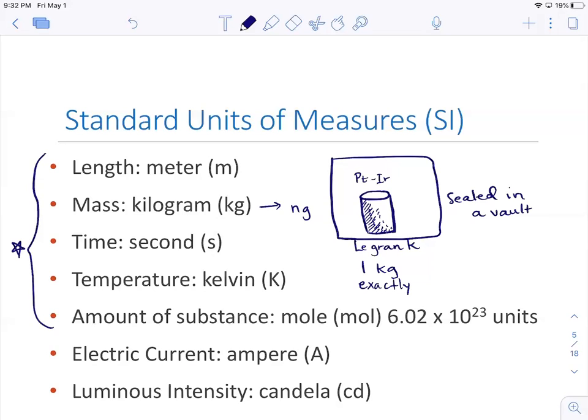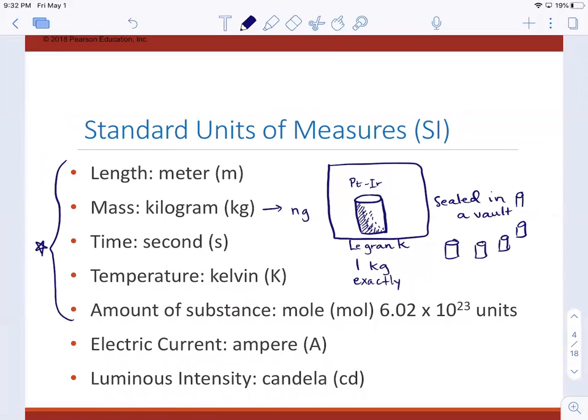They had 6 witnesses, which were essentially exact copies of Lagrange K, and those would get shipped out to NIST in America, and all over the world to the national laboratories to calibrate their things, and then those would calibrate the scales that you use in your college lab. But Lagrange didn't ever travel.